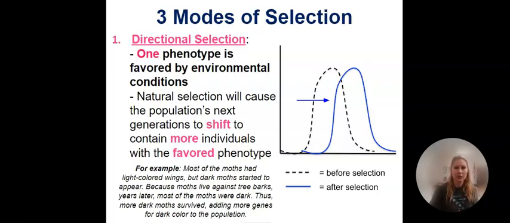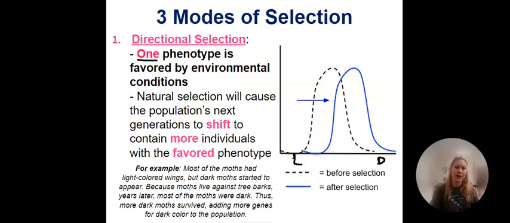Directional selection is when you have one phenotype that is favored by the environment. So, for example, most of the moths can have light colored wings, but the moths start to disappear. There's a change in the environment. Over time, the moths start to develop darker colored wings, okay?